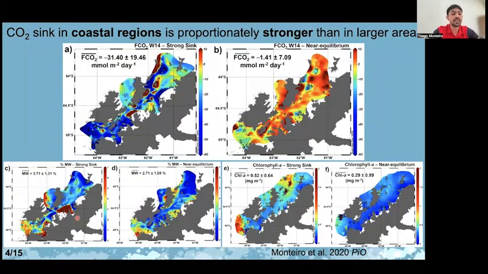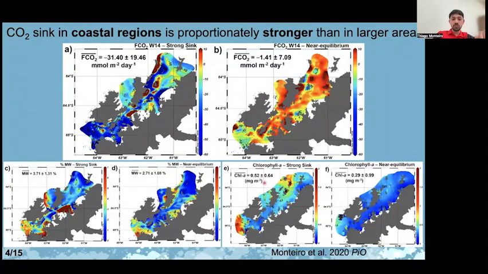And as more meltwater input we have at the sea surface, we have a more stratified upper water column and a shallower mixed layer depth. And this probably leads to a favorable environment for phytoplankton growth.